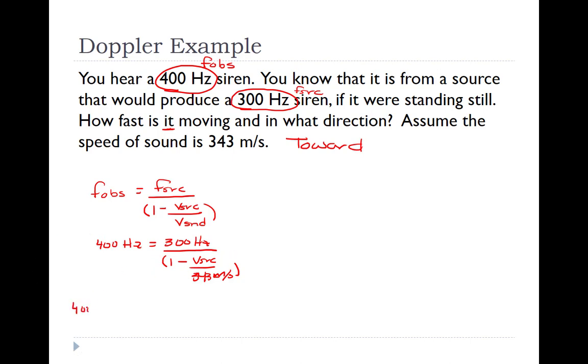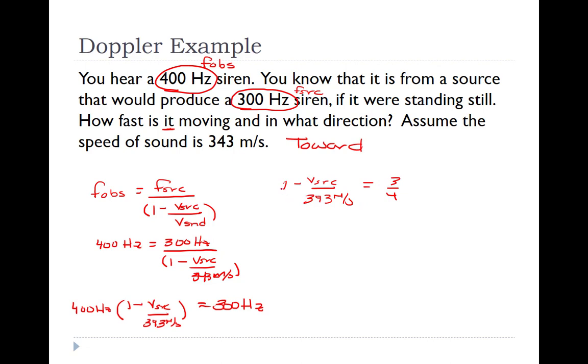So 400 hertz times 1 minus the source over 343 meters per second has to equal 300 hertz, or in other words, 1 minus the speed of the source over 343 meters per second has to equal 300 hertz divided by 400 hertz, which is 3/4.